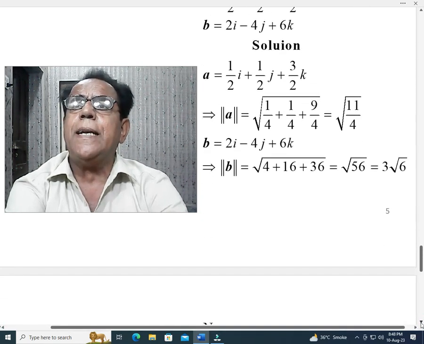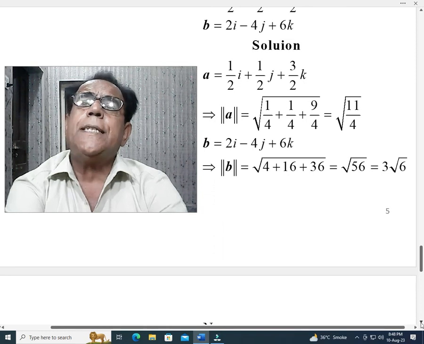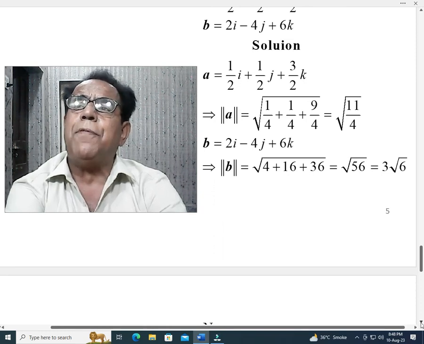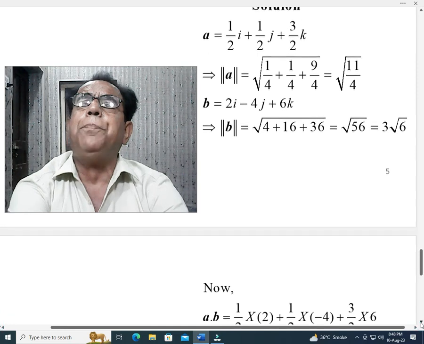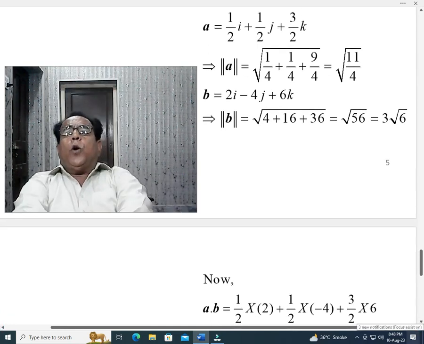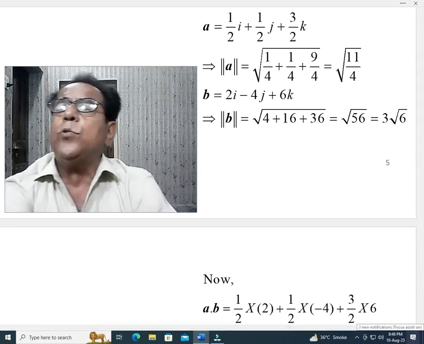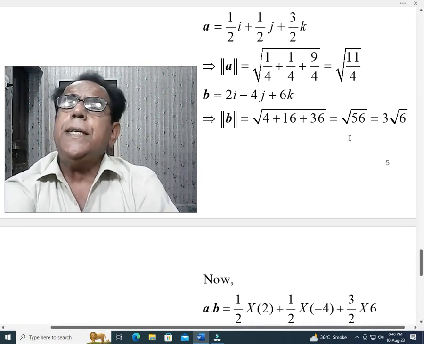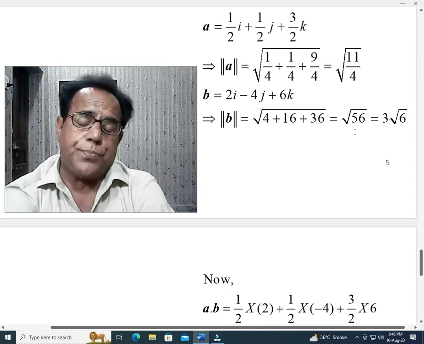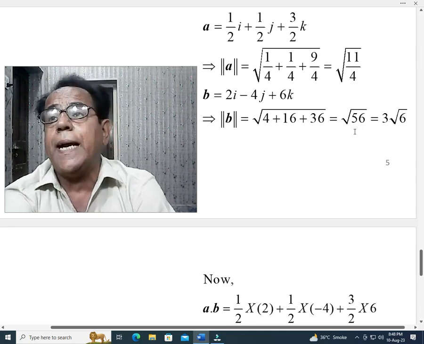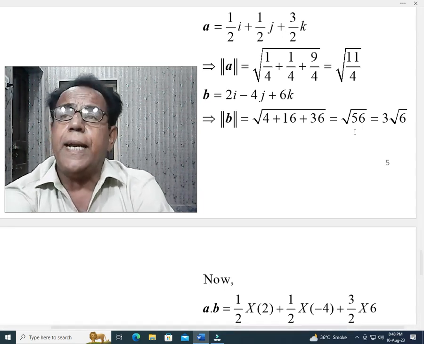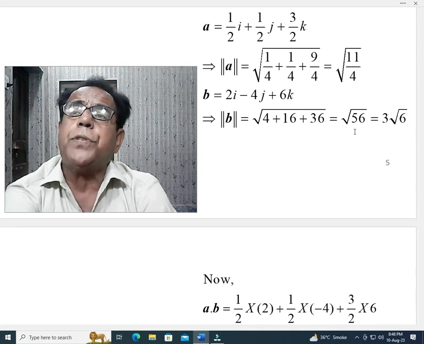Solution: when vector a is equal to this, then its magnitude becomes equal to 11 by 4 under root, and when vector b is equal to so, then its magnitude becomes equal to 3 into 6 under root. Actually, dear students, 56 can be written as 9 into 6, and we know that 9 is the square of 3.